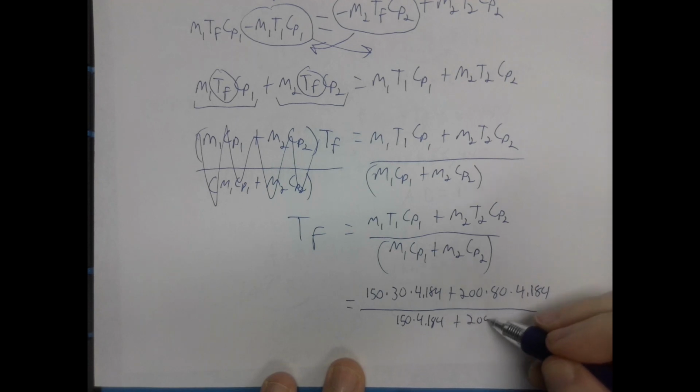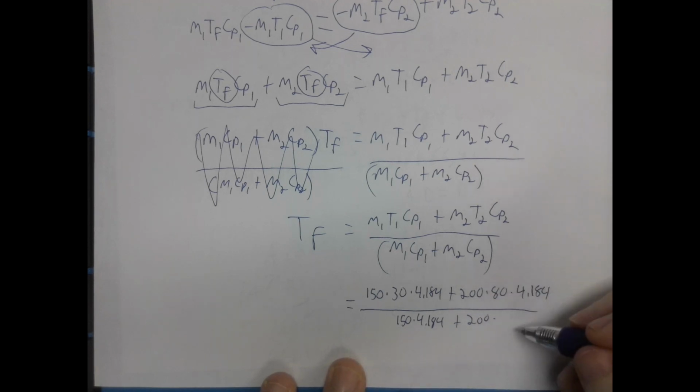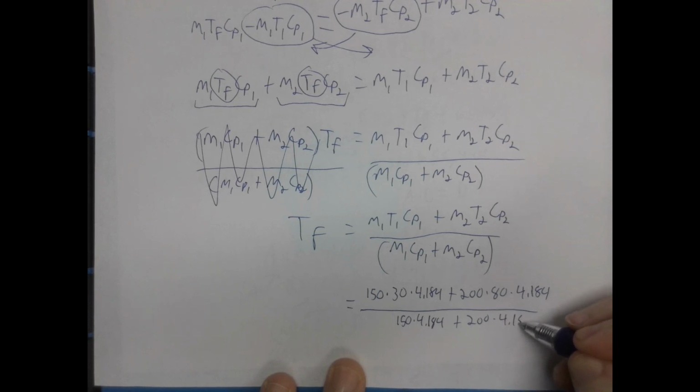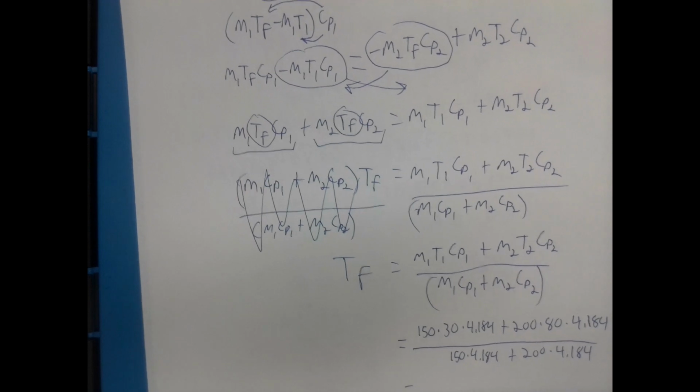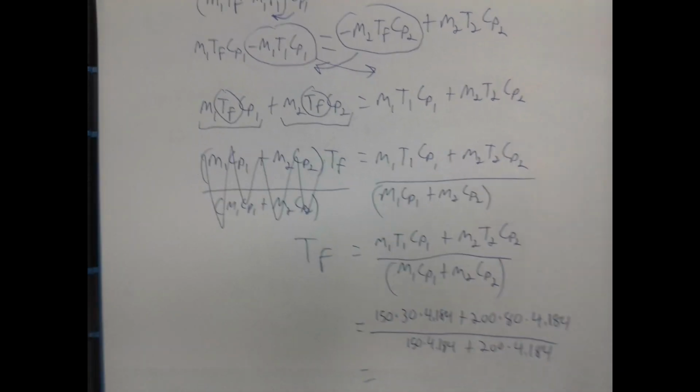Mass 2 was 200 times Cp of 4.184. And if you plug that in the calculator, you get the same result. I just decided to plug numbers in at the very end instead of plugging them in at the very beginning. Everyone good?